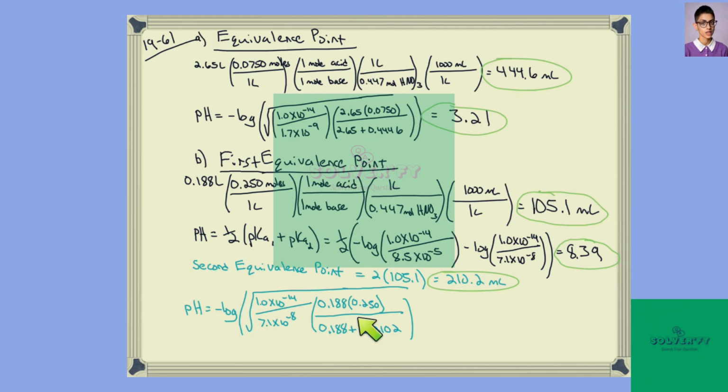Then, to get the concentration of the weak acid that we've created at the second equivalence point, we'll calculate the moles of ethylene diamine we started with, recognize this is now the moles of fully protonated ethylene diamine we have at the second equivalence point. We divide that by the new volume. We started with 0.188 liters. We added another 0.2102 liters. This then is the concentration of the weak acid at the equivalence point. So the square root of Ka1 multiplied by its concentration will be the hydronium concentration. We take the negative log of that to get pH, and we get 3.89.